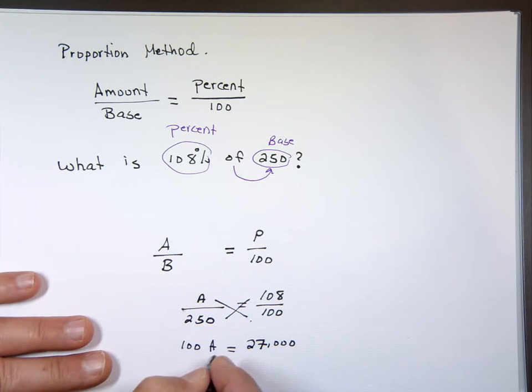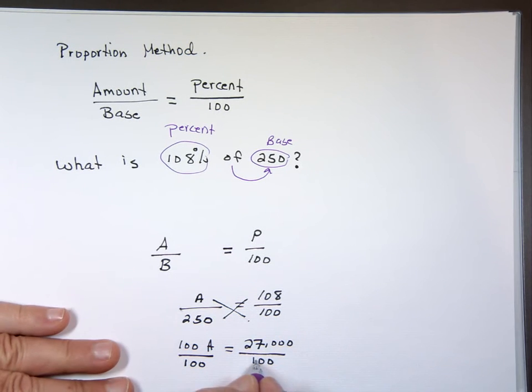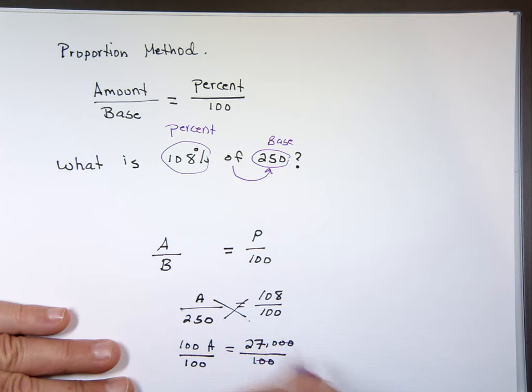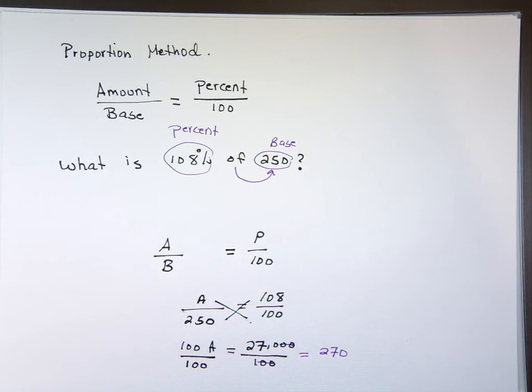Divide by 100. Notice 2 zeros here will cancel 2 zeros there. So what's your answer? 270. I don't have to convert the percent to a decimal, fraction, anything.